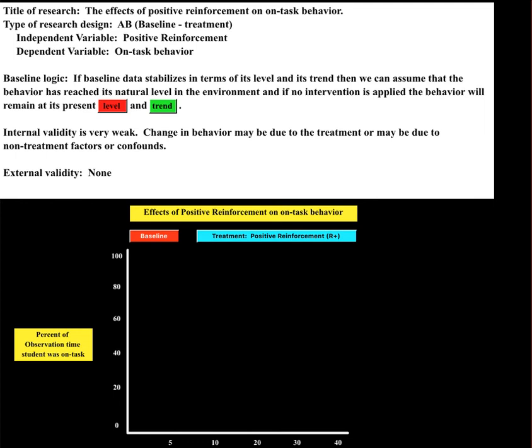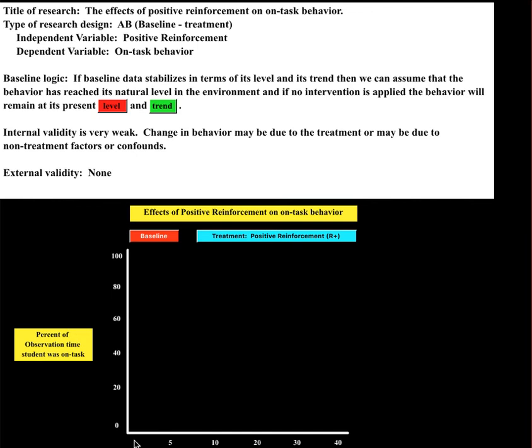So if you'll take a look at the visual down here, you see the title of the research, The Effects of Positive Reinforcement on On-Task Behavior. And in the red represents a baseline condition. The blue is the intervention or treatment or independent variable.